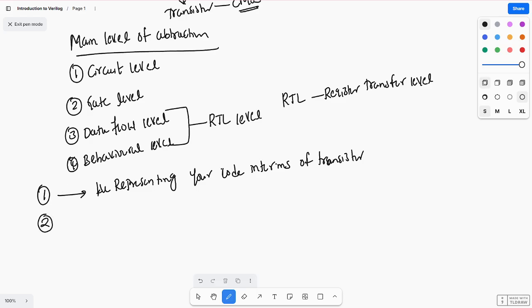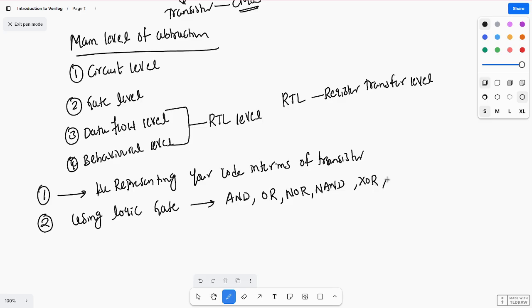Gate level means we are representing using logic gates. There are some gate level primitives already there in the standard library, like and, or, nor, NAND, XOR and XNOR.